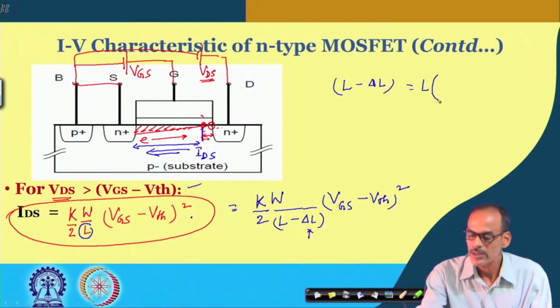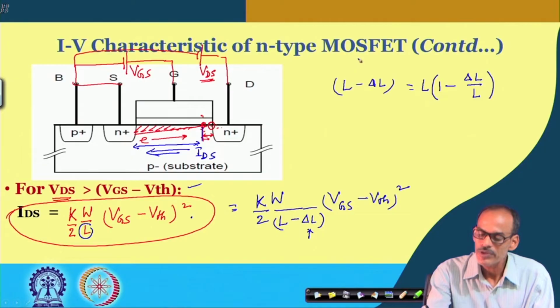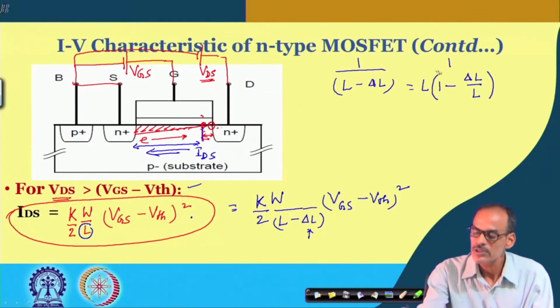You can take the L outside, you can make it 1 minus delta L divided by L in the denominator, and then in the numerator, 1 by L is remaining there.